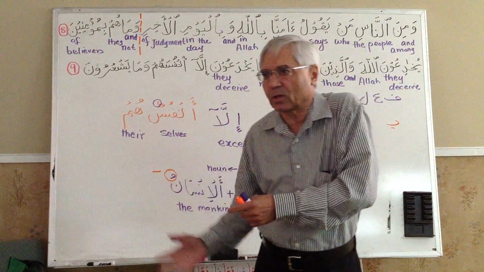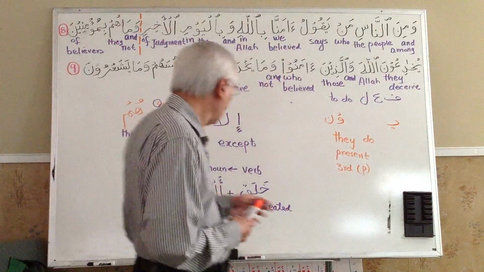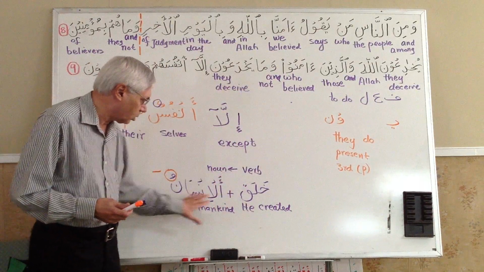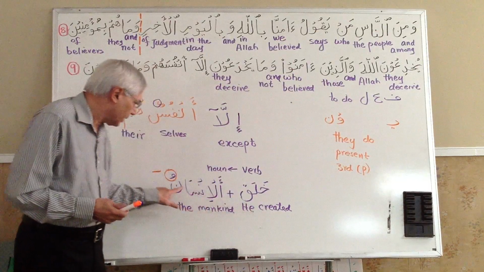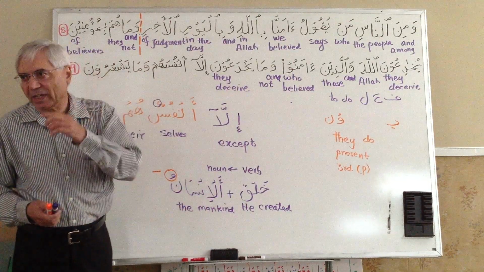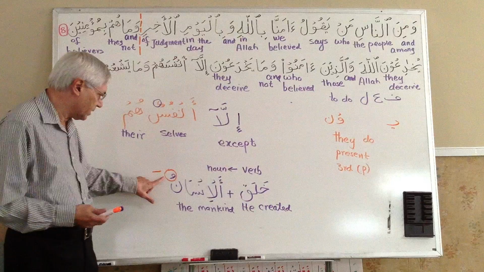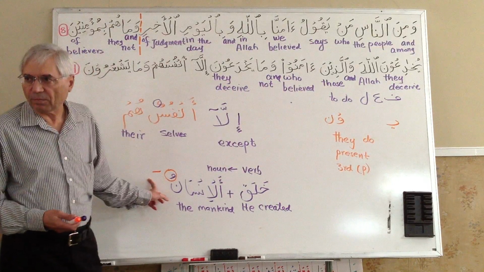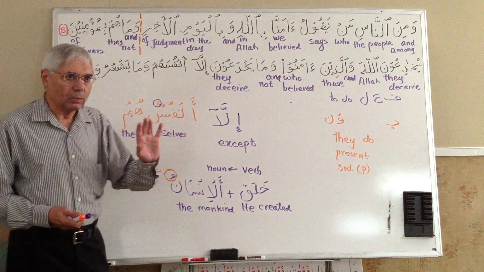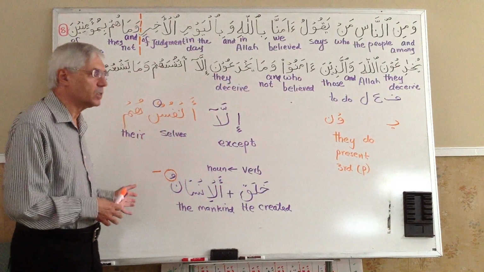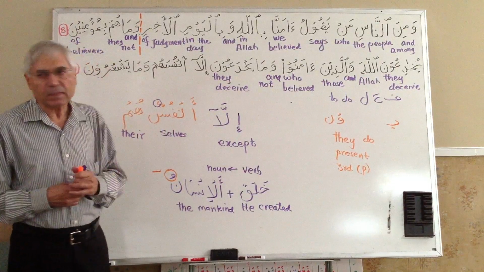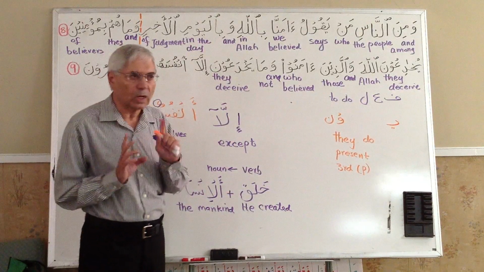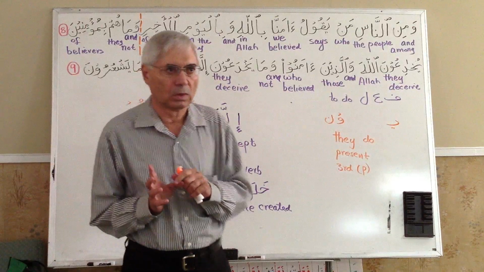One word has effect on the other word. If a noun comes after the verb, then this noun goes through a change. And the change is that the last letter dhamma is pronounced as fatha. Separately, the words are khalaqa and al-insano. The combination of the two words will be khalaqal insana. You will not speak khalaqal insanu.